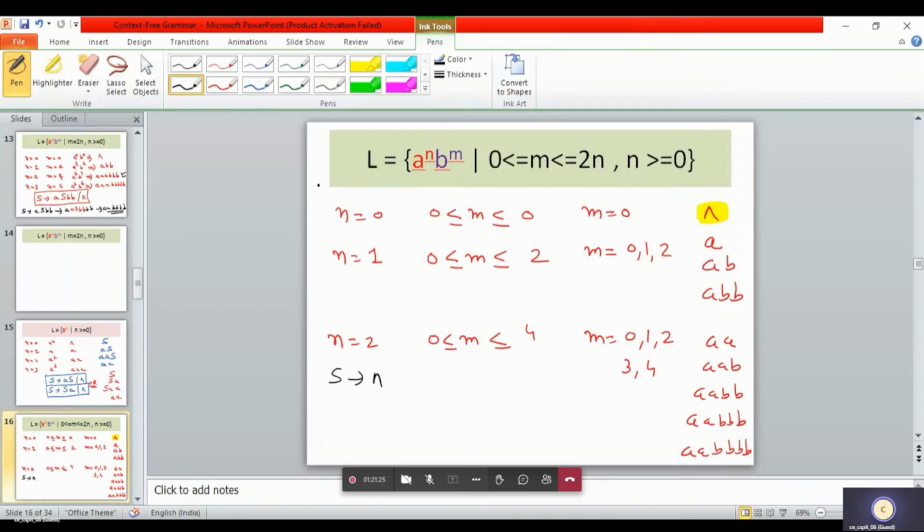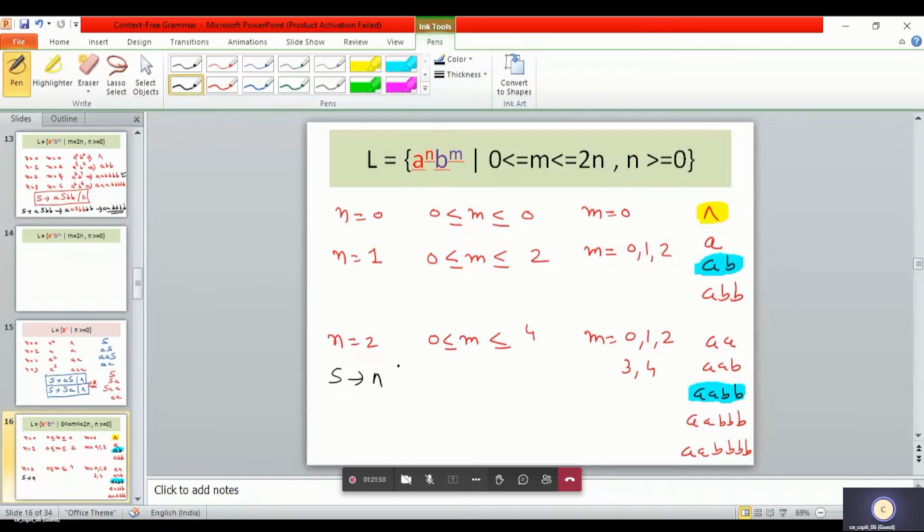Also, there are not two different paths like we had in the previous example. Also you can see that we have AB, where A and B are equal, double A, double B. So this is telling that when we are generating A, we are generating B also. When we are generating 2 times A, we are generating 2 times B.